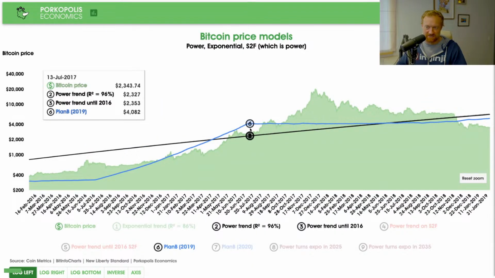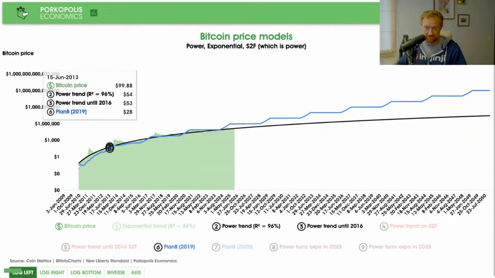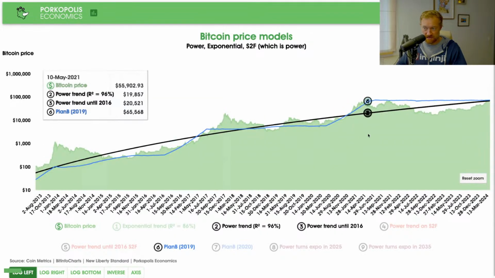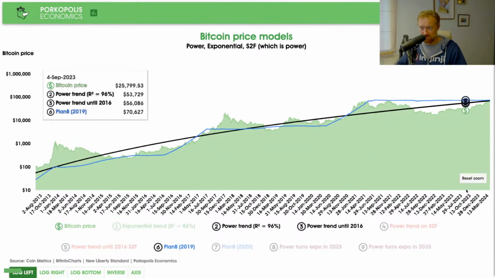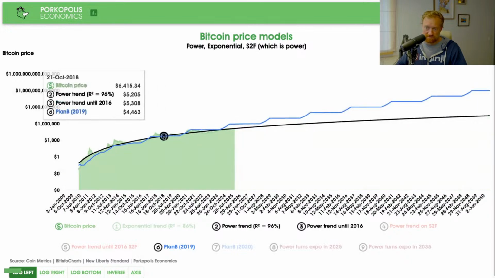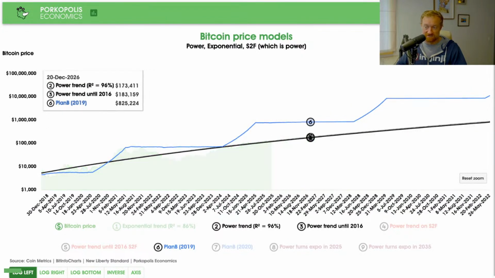Like here it peaked before the boom in 2017, and then it flattens out. And here it peaked after the boom because we came early in 2017. I'm not saying that the power trend catches the ups and downs, but that's just how it goes. So we might coincidentally hit this 2019 number. Actually, no, it's impossible by the end of the year.